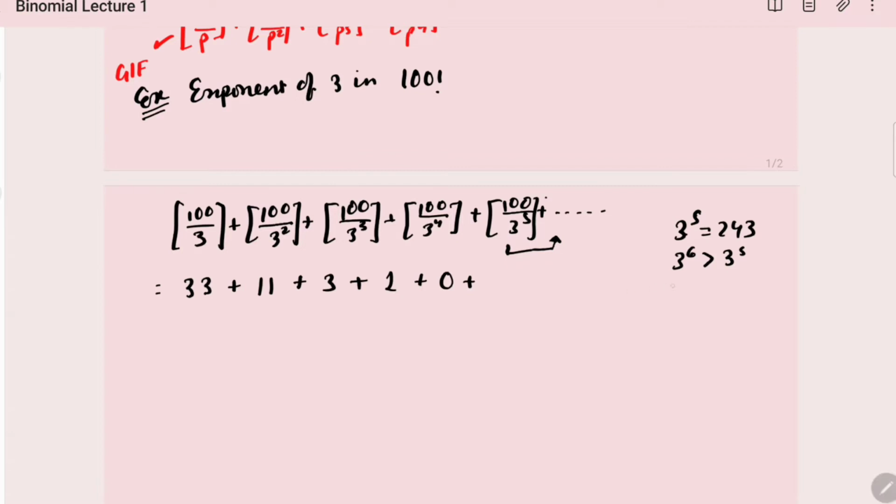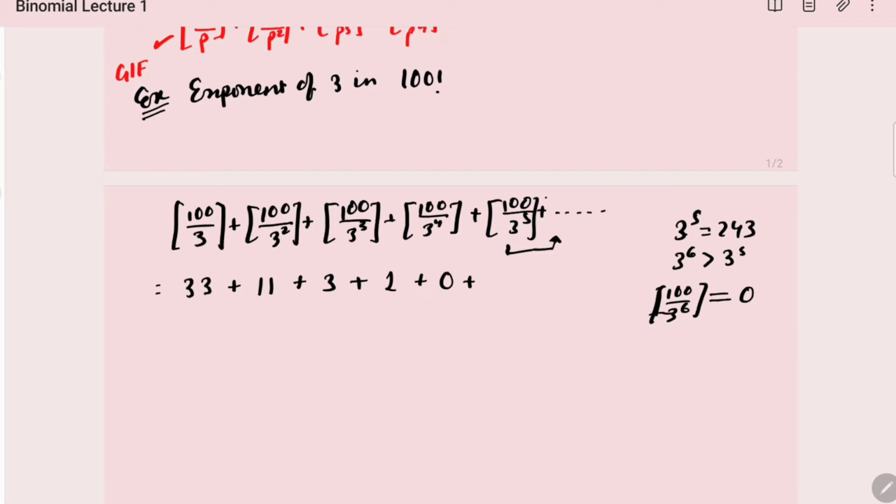So 100 by 3 to the power 6 is also 0 point something, and the greatest integer of that is also 0. The same holds for 3 to the power 7, and so on.